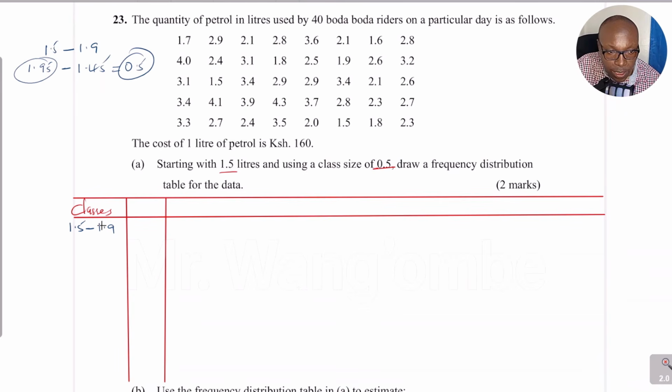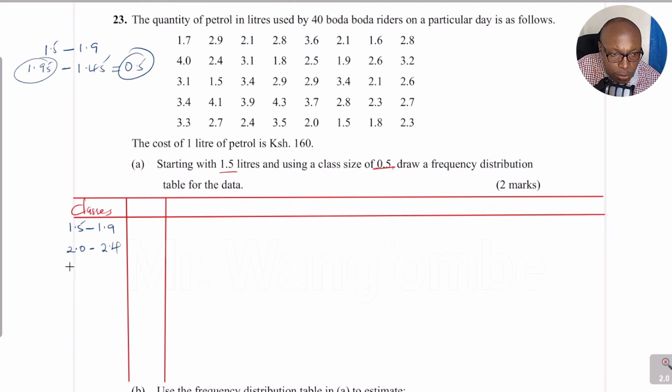So the next one, if we look at the highest value, the largest value here should be, is it 4.3? 4.3. I think that is the highest I can see there. So therefore I can proceed. The next one will be 2.0 to 2.4.